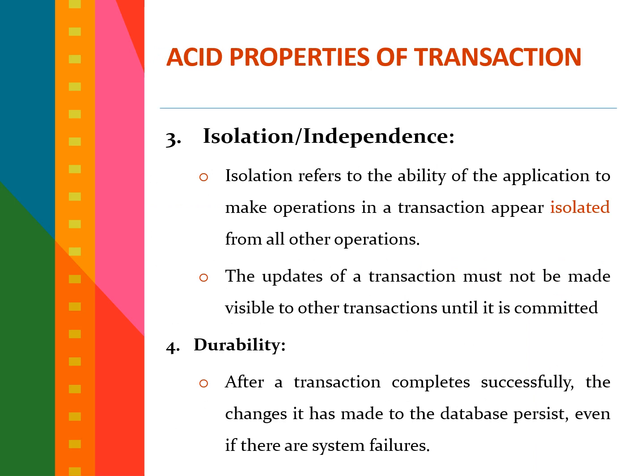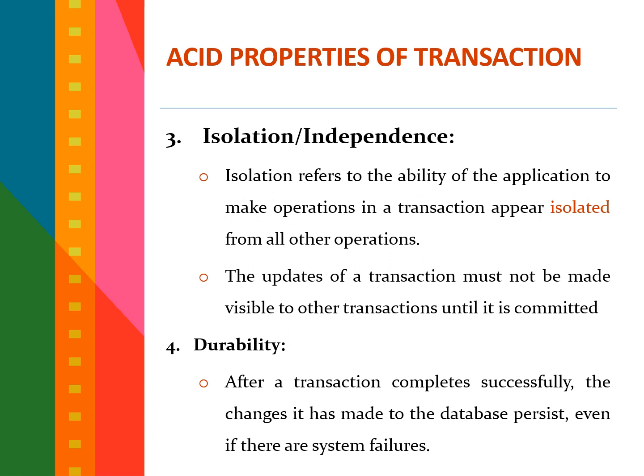The third property is isolation, or independence. As you know, transactions are often executed concurrently, that is, multiple transactions can have read and write operations on a table at the same time. Isolation ensures that the concurrent execution of transactions leaves the database in the same state that would have been obtained if the transactions were executed sequentially.